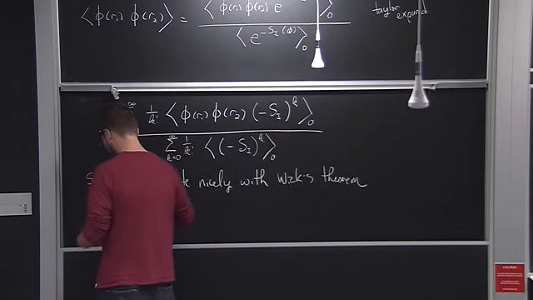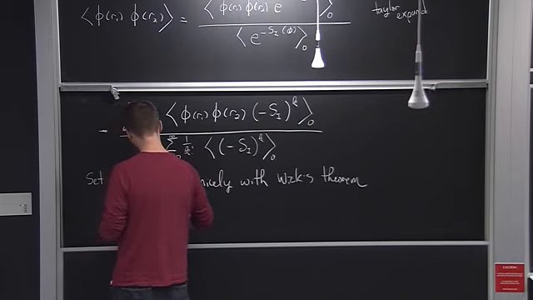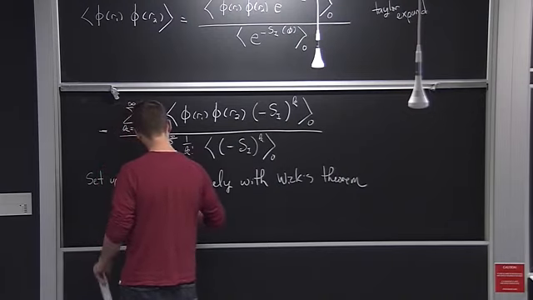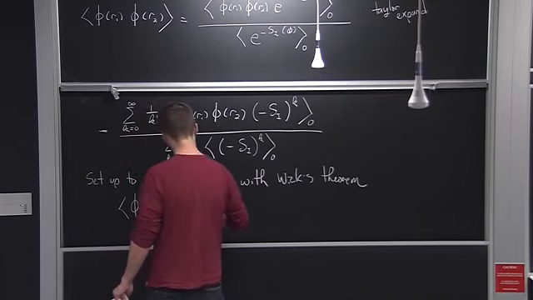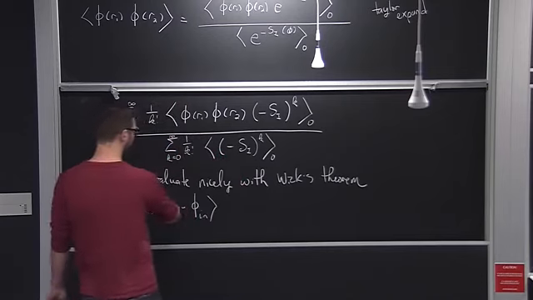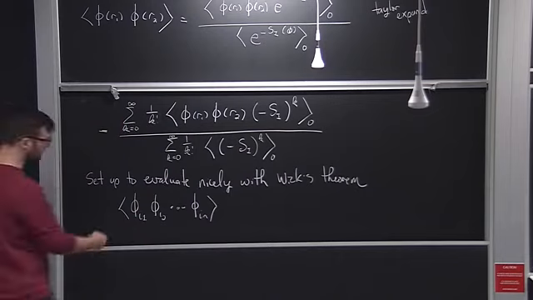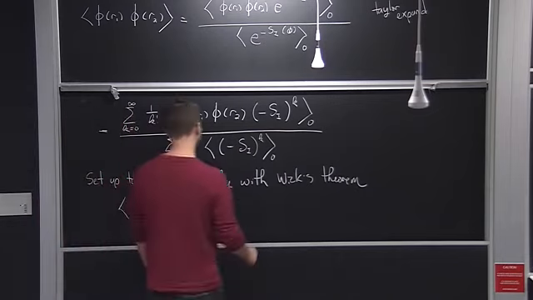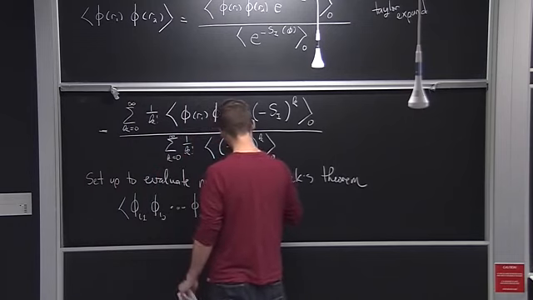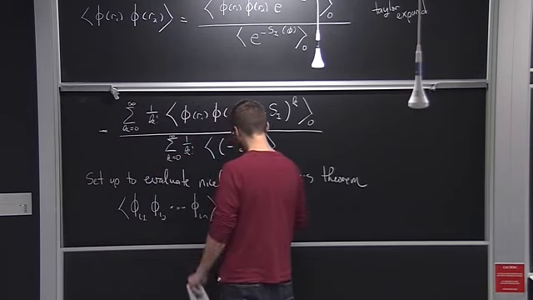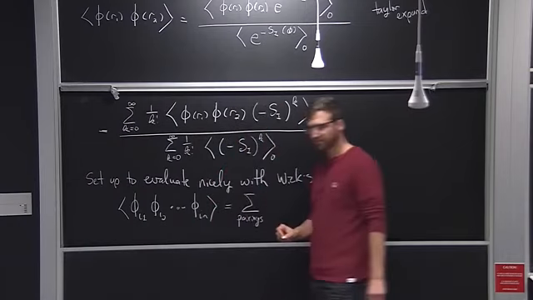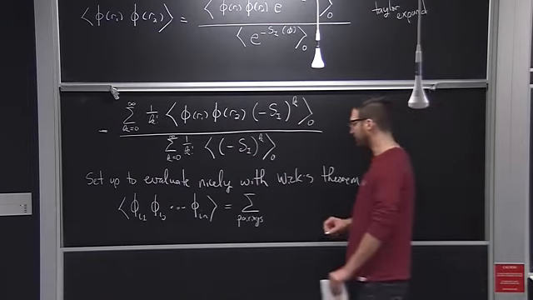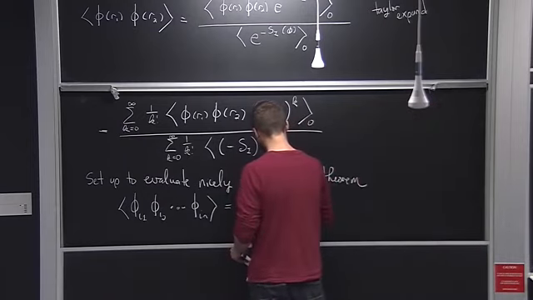So for example, every one of these terms has indices. Depending on what order you go to in the Taylor expansion, you can have all sorts of different numbers of fields in this expectation value. And what we're doing is summing over all pairings, all possible pairings of the indices. That's where these diagrams come from.